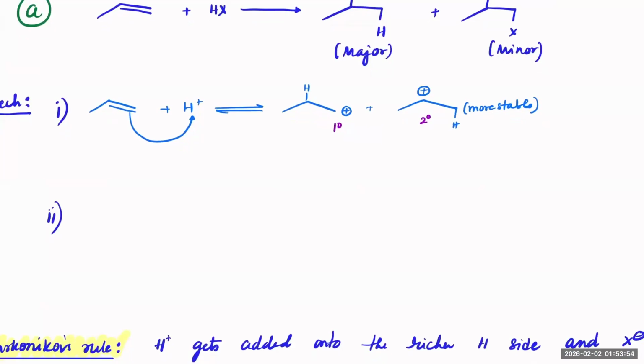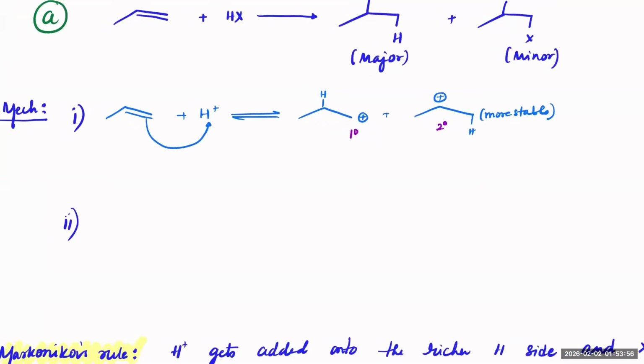First of all, you need to realize that when H and X are breaking, it is the delta positive charge and delta negative charge on it, because of which this X minus will break. So that's how you can get X minus out here.